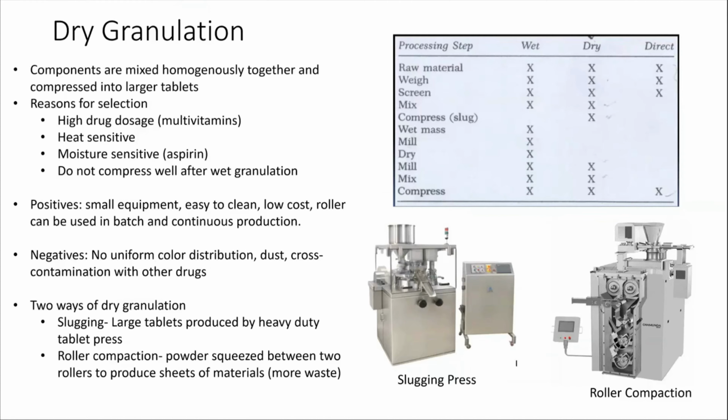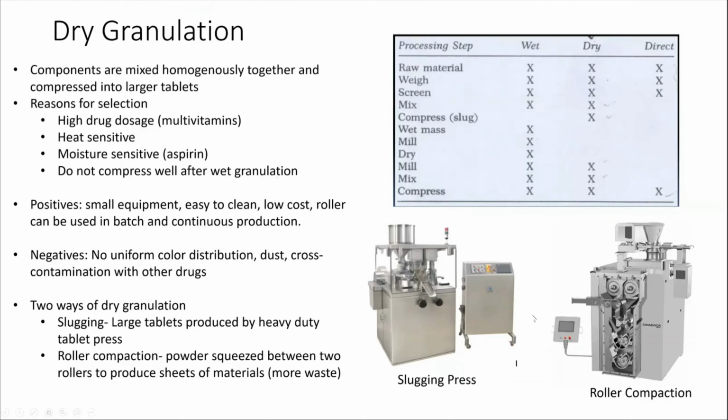Multivitamins are pretty big, and usually they're made by dry granulation. Probiotics are pretty big too, and they're made by dry granulation. Also moisture sensitive drugs like aspirin, where you can't have any solvents involved. Also, drugs that, after trial and error, don't compress well with wet granulation. Dry granulation might be the best option.